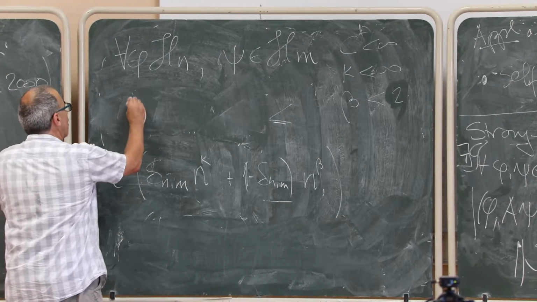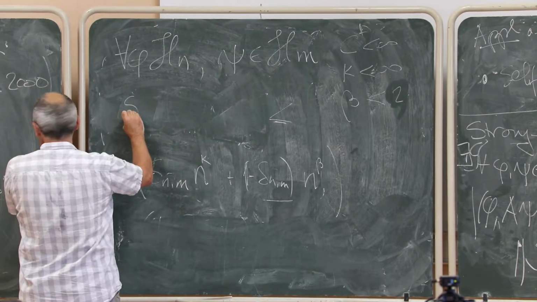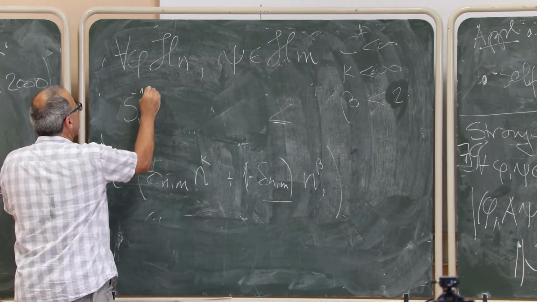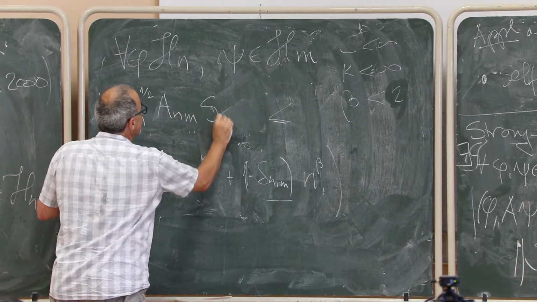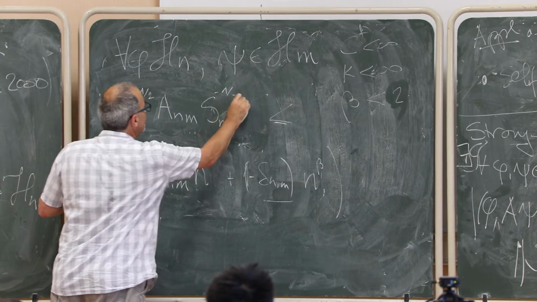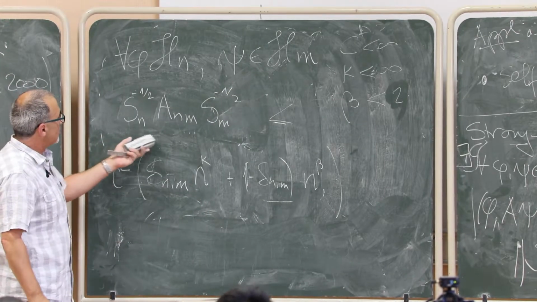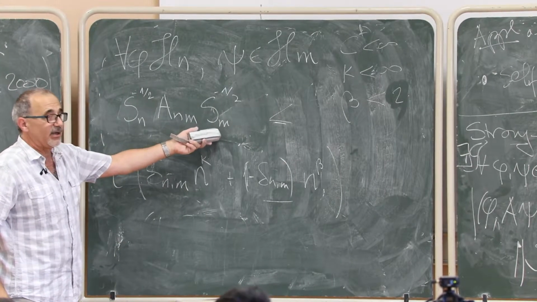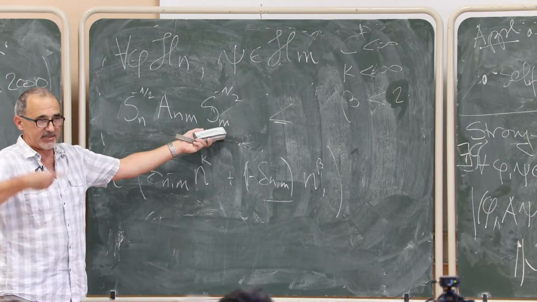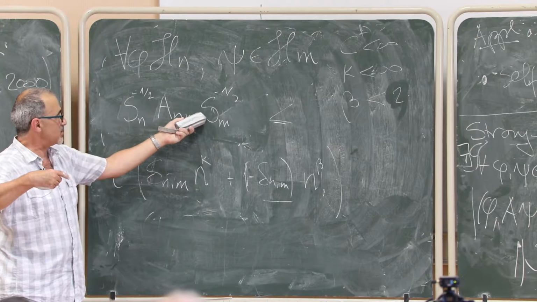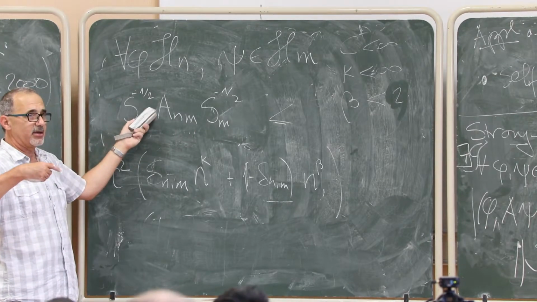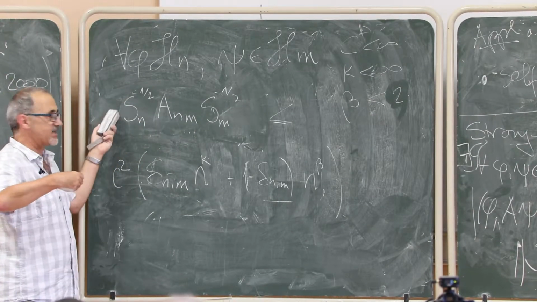That the operator norm of Sn to the minus 1/2 ANM Sm to the minus 1/2. Now let's see whether it makes sense or not. Formally, you start in the Hilbert subspace H sub m, S leaves you in H sub m, this takes you to H sub n, and this leaves you in H sub n.